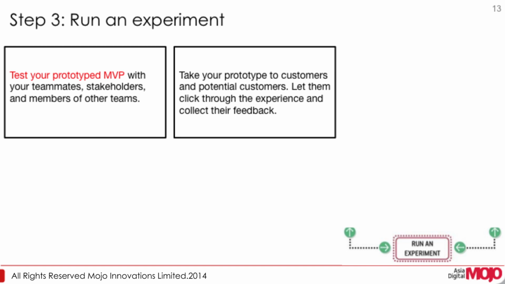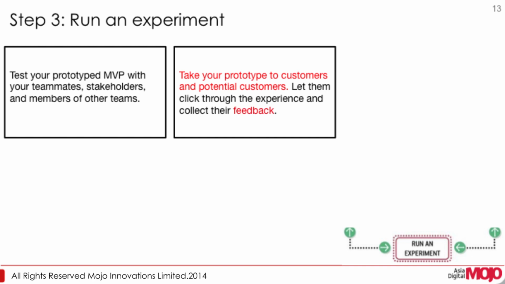You can just pick your teammates or stakeholders or even members of other teams and internally test your prototypes, or you can go to the real user, to the real customer, let them check out your products and get real user feedback.